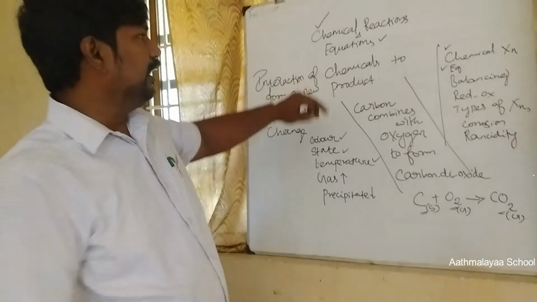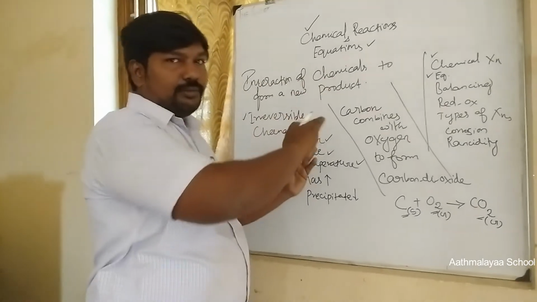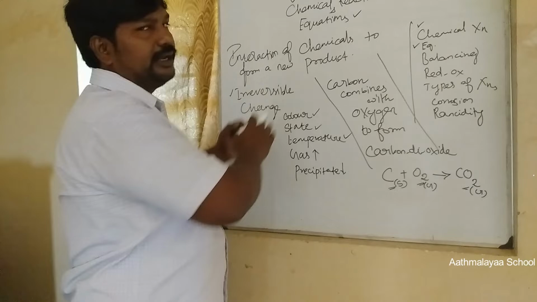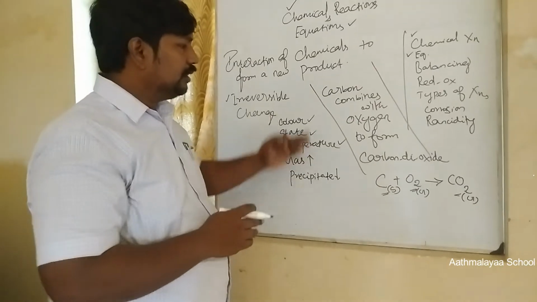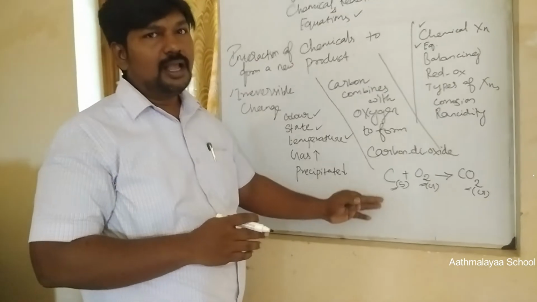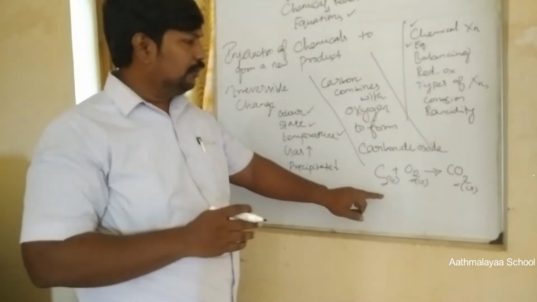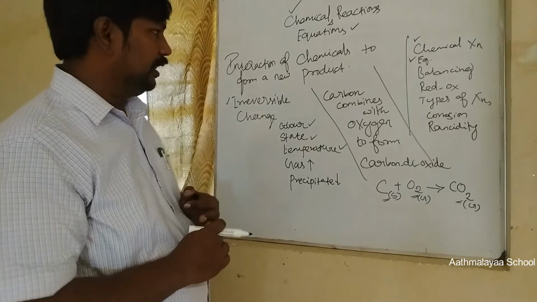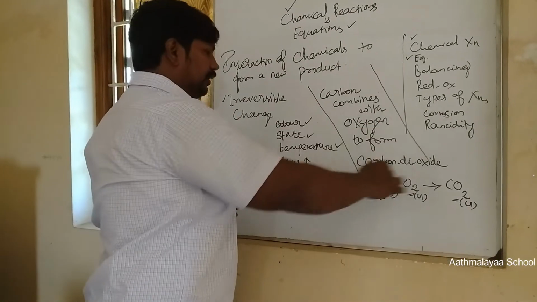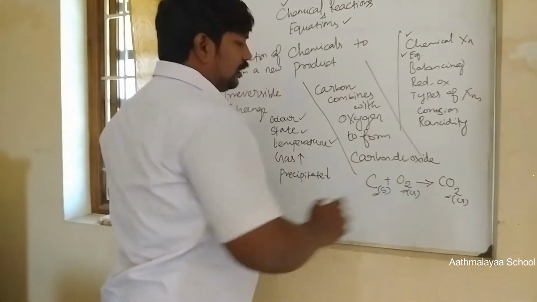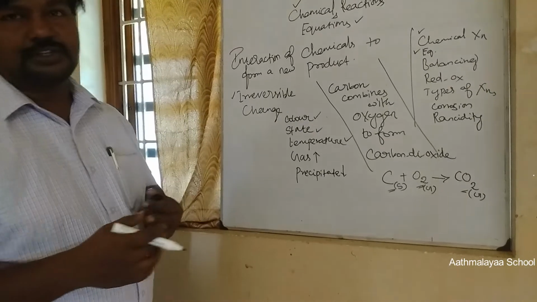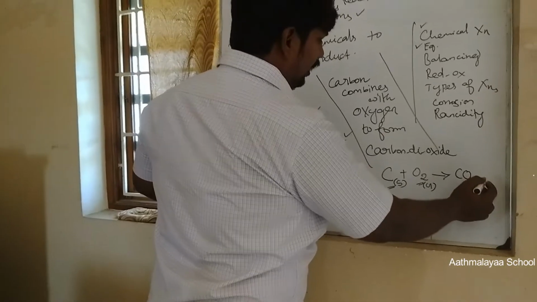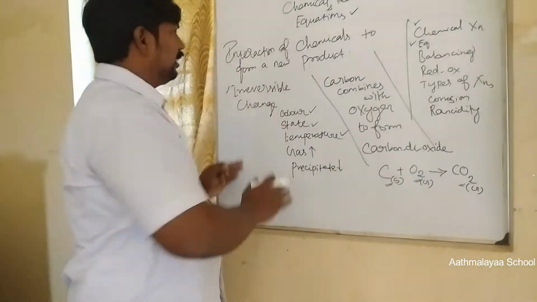So we can define the equation as the symbolized and mathematical expression of a chemical reaction, right? More information can be known than by writing the entire concept. Instead of writing this lengthy thing, we can simply write carbon plus oxygen reacts together to give carbon dioxide. This is called the chemical equation.